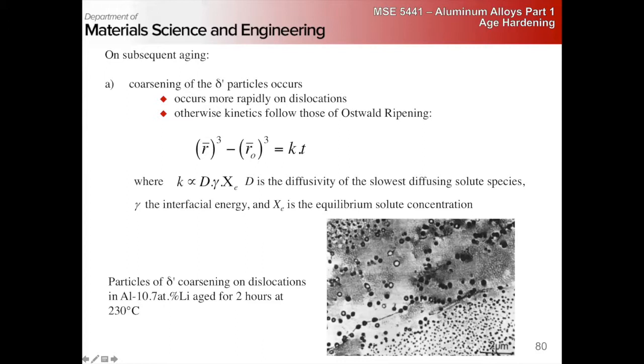So that's a 20 times difference in magnification. We still coarsen, but when we're on or near dislocations, they coarsen much more rapidly. What's the cause for that? Easier diffusion along the grain bound... I mean the dislocation. Yeah.